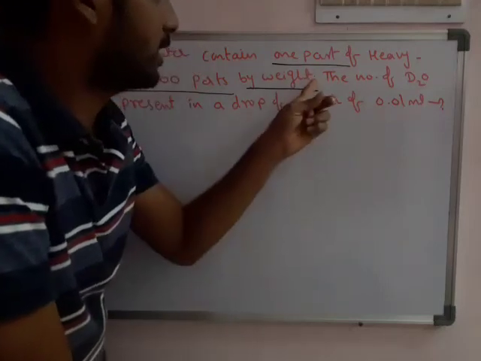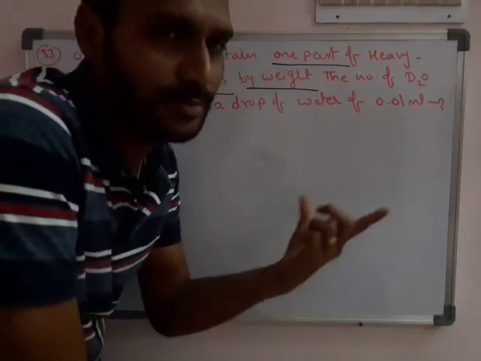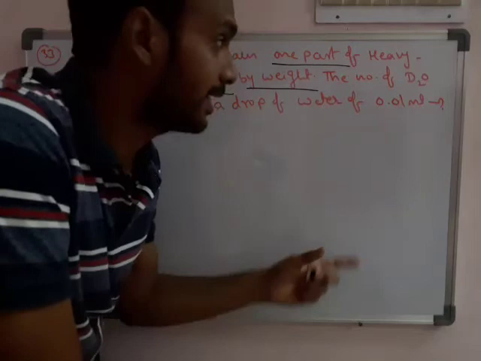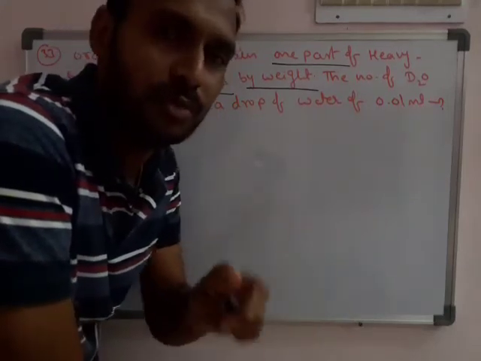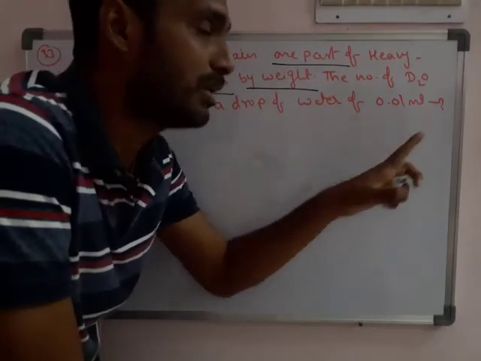In the given 1 per 6000 parts there is 1 part. Then what is the number of D2O molecules in 0.01 milliliters?